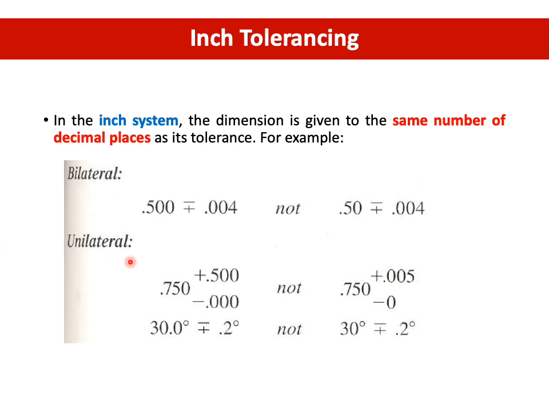As for the unilateral, when you only have one direction, either maximum or negative, first of all, remember you need to have the same decimal places between the size and your tolerance limit, and your maximum and minimum values.